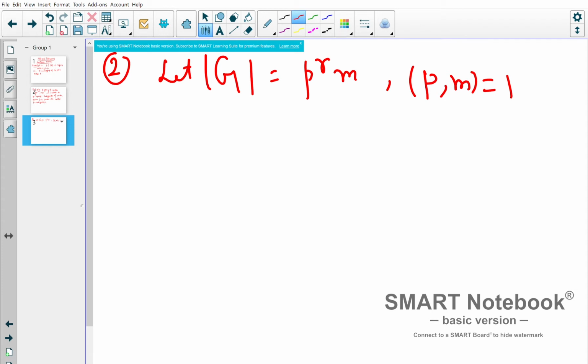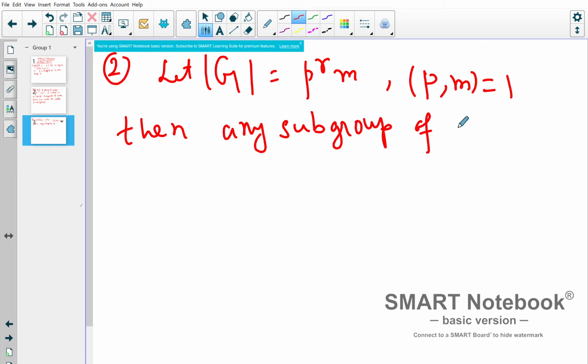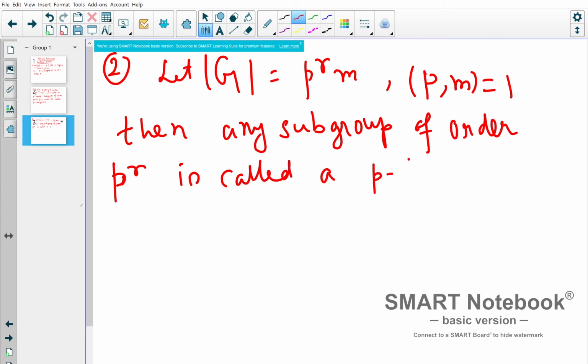That means r is the highest power of p which divides the order of the group G. Then any subgroup of order p power r, the highest prime power which divides the order, is called a p Sylow subgroup.